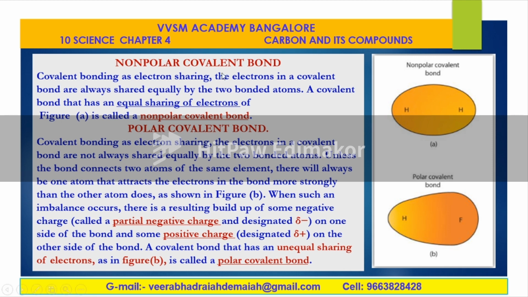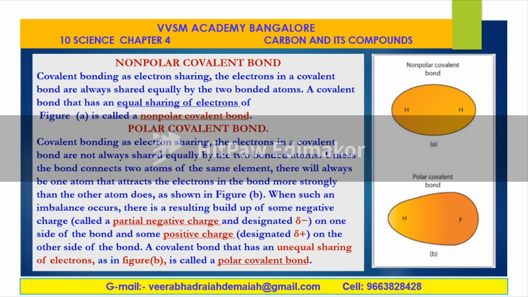For example, this is a hydrogen molecule. This hydrogen molecule consists of two hydrogen atoms. Each hydrogen atom has only one electron. So there are two hydrogen atoms and hence two electrons. These two electrons are mutually sharing each other.